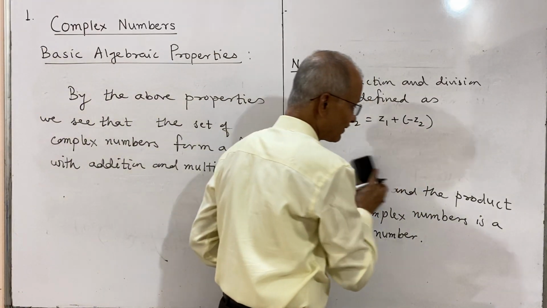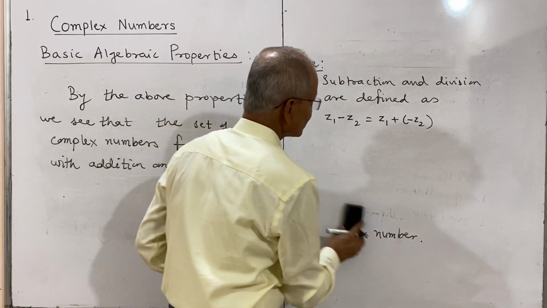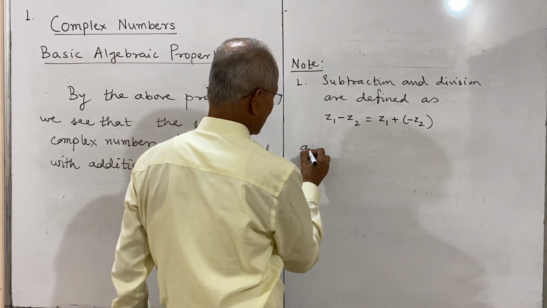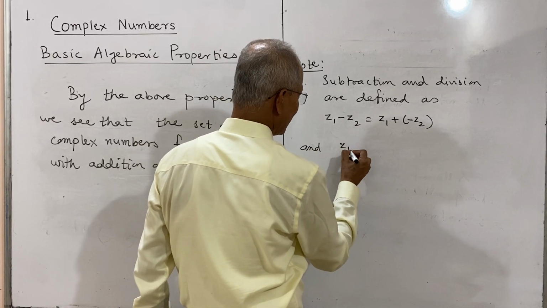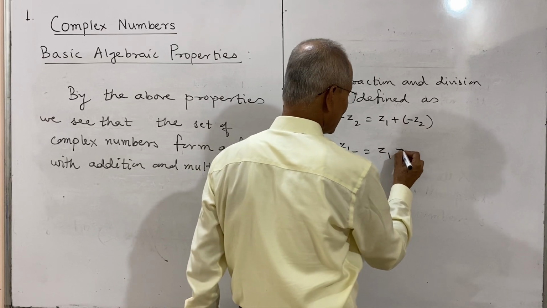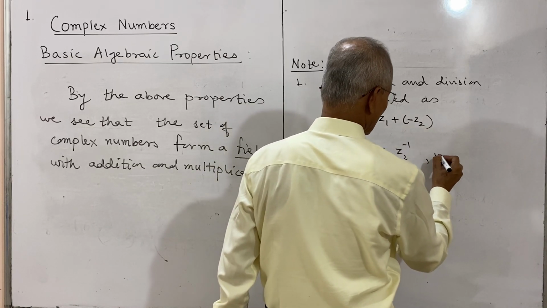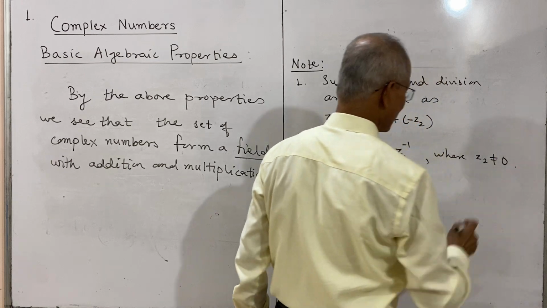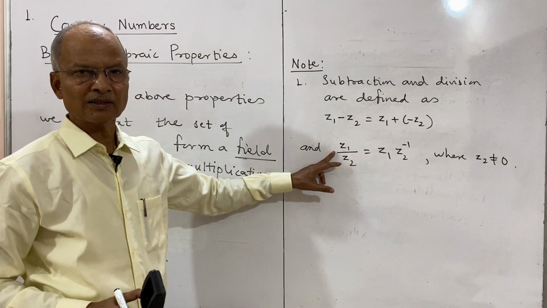Additive inverse is defined earlier, and Z1 divided by Z2 is equal to Z1 into Z2 inverse, where Z2 is not equal to 0. In this way we can define the division also.